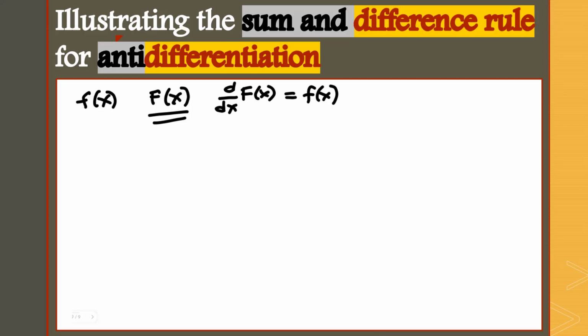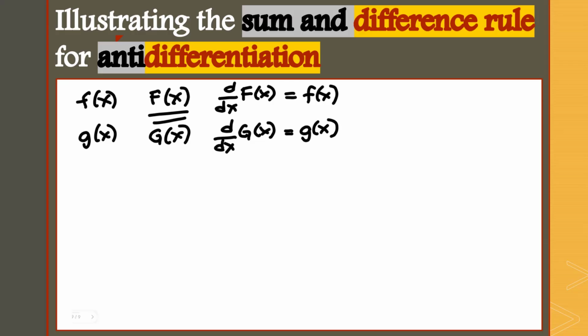Since we're talking about the sum and difference rule, let's introduce another function. The capital G of x is its antiderivative if, again, the derivative of capital G of x with respect to x returns our g of x.